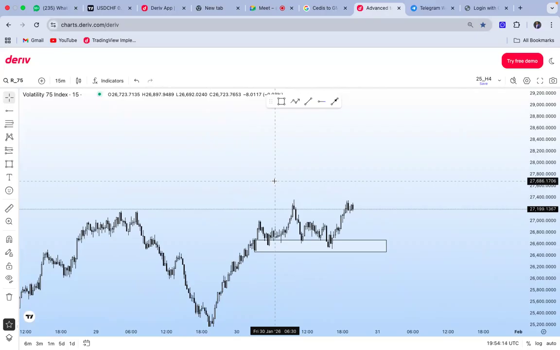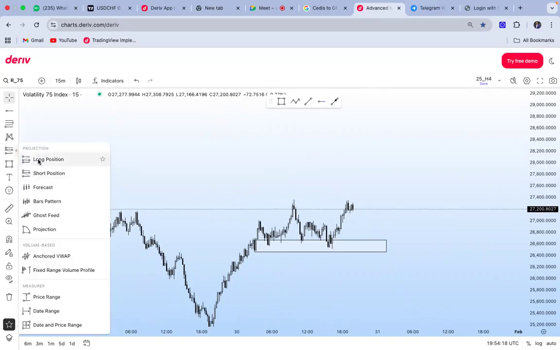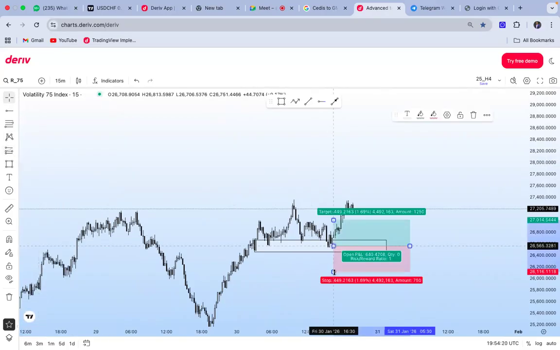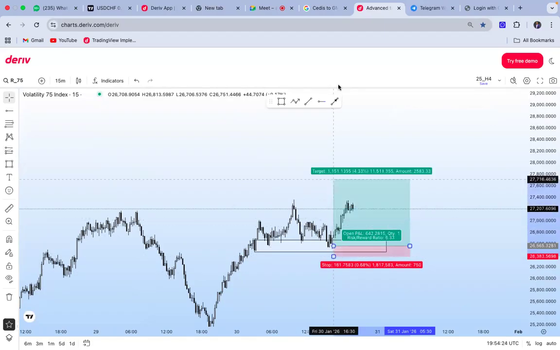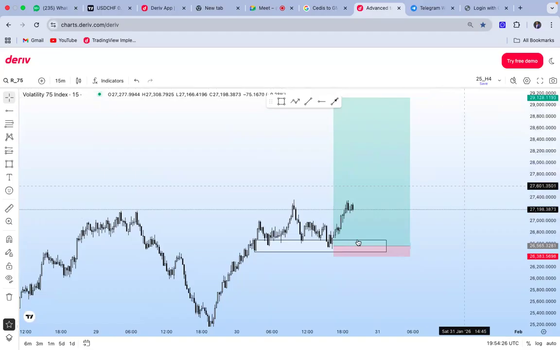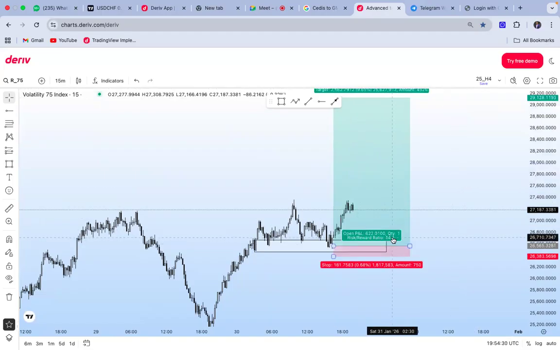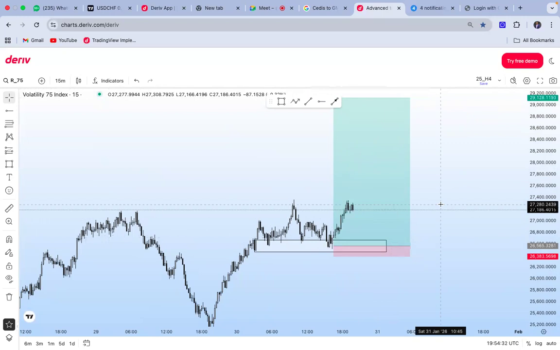Okay, from here. The same way, if I want to check the risk to reward ratio, this is a buy position. So I enter somewhere here with my stop loss right below the block, and then my TP can be anywhere I want. In this case, the risk reward ratio is 14 to 1. What this means is that if I'm risking $10, my target is $140. If I'm risking $100, my target is $1,400.